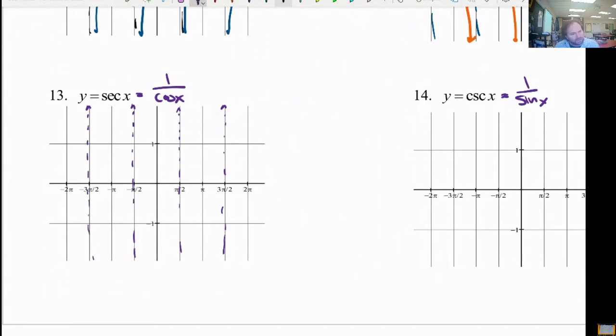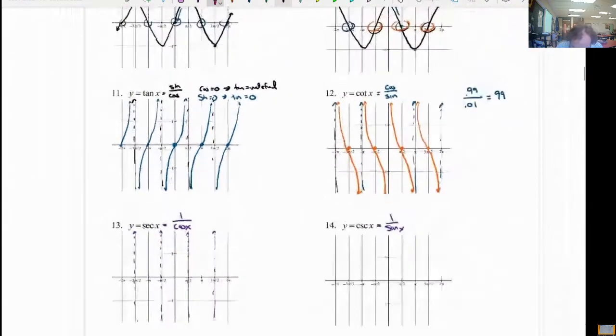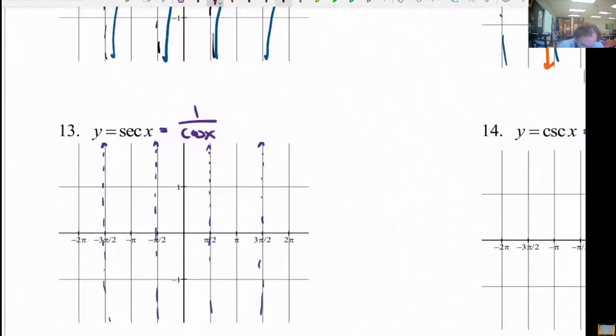And if cosine is 1, then we're going to have a point that's 1. Cosine is 1 or -1 at the whole number pi's. So we're going to have a point here and a point at -1 for pi, a point at 1 for 2 pi, and then we follow that same pattern backwards. What's interesting is that cosine of x has a range of -1 to 1.